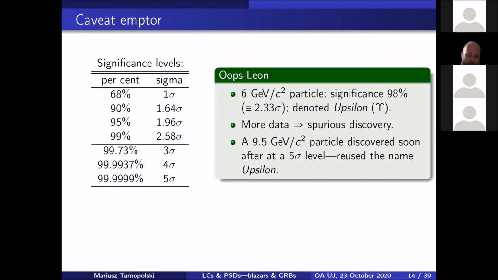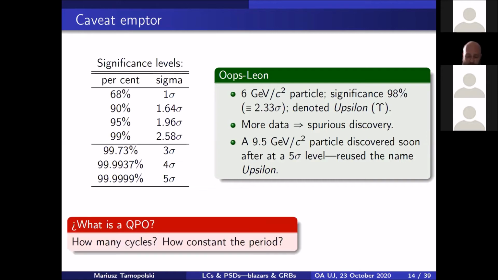And actually invoking a 5 sigma level would conform to the standards of the discovery, although there would be very, very few QPOs discovered on such a level, maybe just 1 or 2 even. While the 3 sigma level should constitute a candidate. So either way, there is also this other issue. What actually is a QPO?